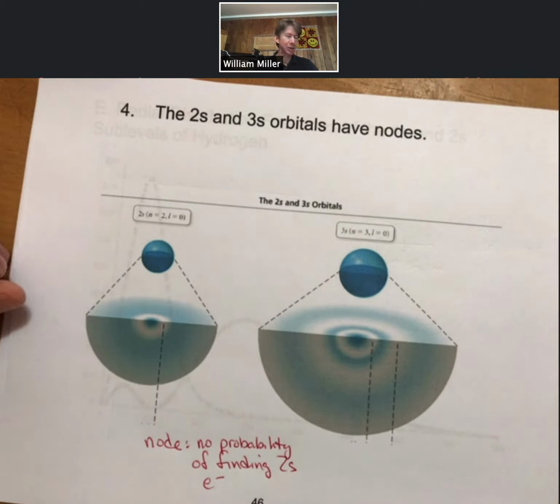And that's actually going to be where, more or less, you're going to find the 1s electrons. And so you can think of the nodes here as sort of optimized to keep the electrons apart.